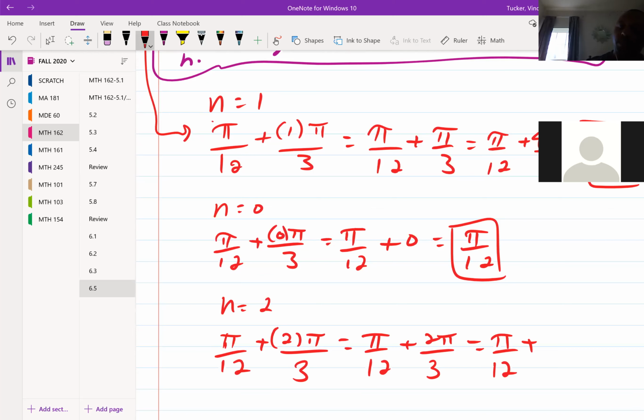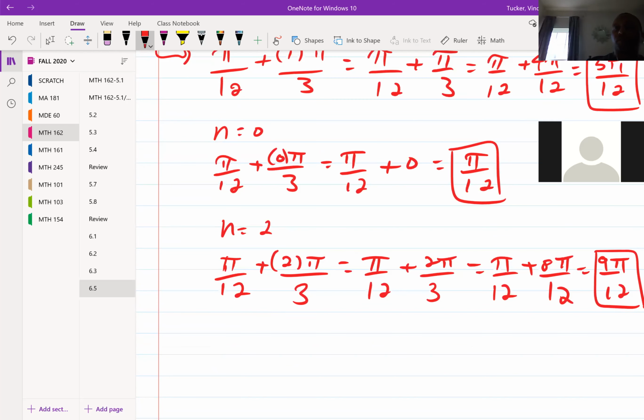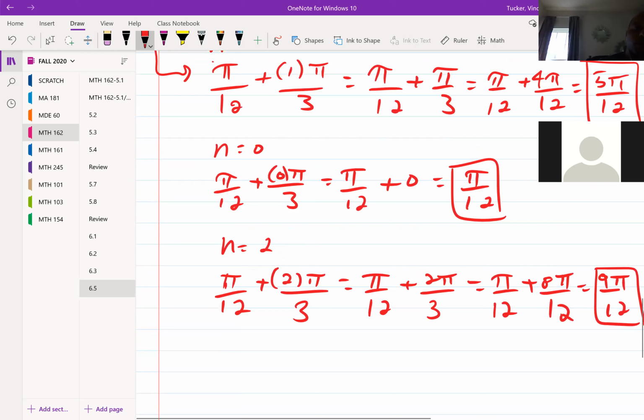So it's 4, it's 8. All right, so that's 5 pi over 12, 12 pi over 12. I said 12 power 12. Pi over 12. 9 pi over 12.